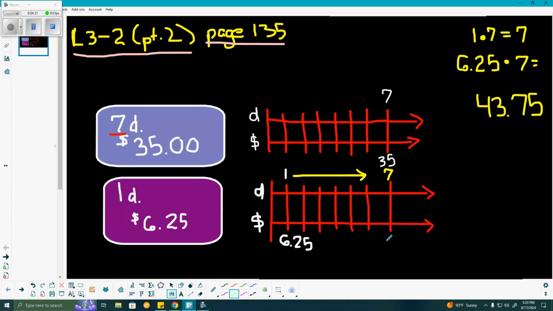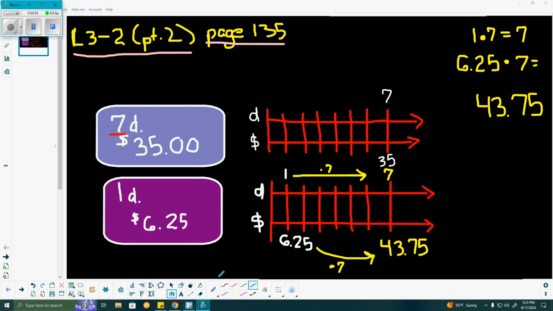And I will record that right here. Make sure you take note that to get from the first point to the next, you multiplied by 7. The reason we did that is because we multiplied the top by 7.